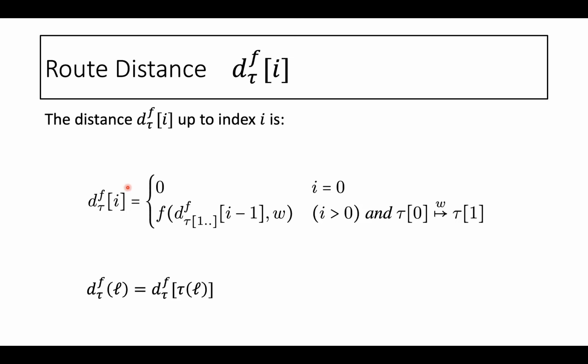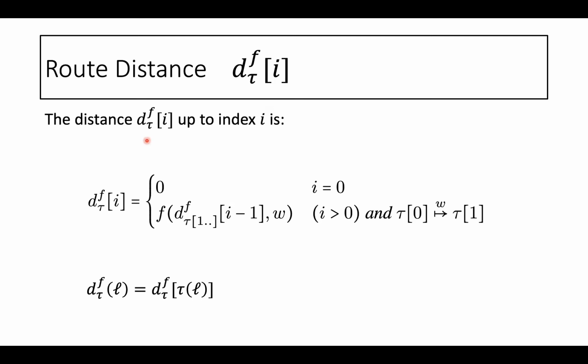We can use routes to define the distance between two locations. To do this, first we define a route distance, and then we define a distance between locations. The distance is computed using an appropriate function f, and we will see some examples later.